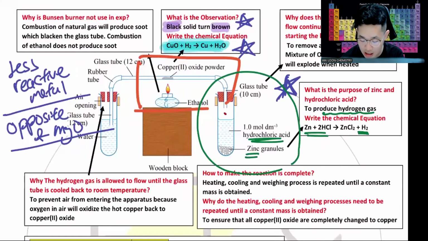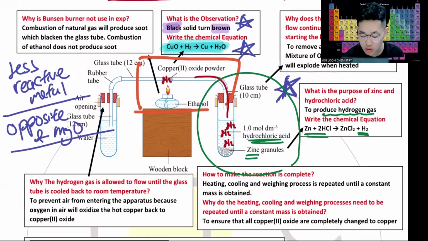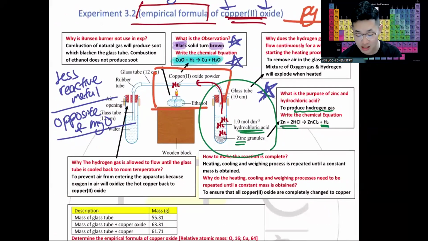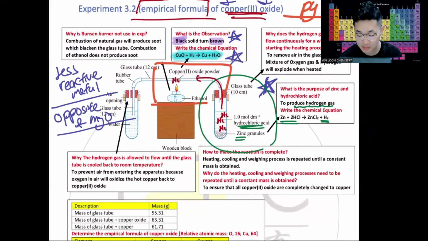Let's say these are the hydrogen gas. The hydrogen gas will flow into the glass tube and react with the CuO. So this is where the hydrogen comes from. This is very important.